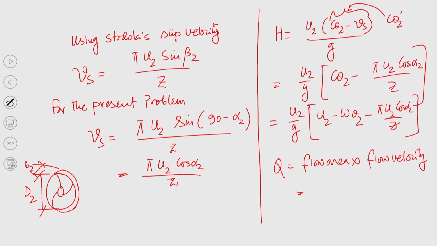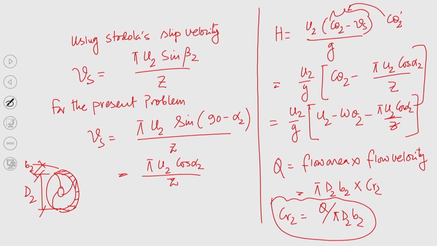So, this is the flow area, right. This flow area will be equal to pi d2 into B2 into CR2. So, pi d2 that is the circumference into B2 that is the width into CR2. So, what about CR2? CR2 is equal to Q by pi d2 B2. So, this is the expression of CR2.